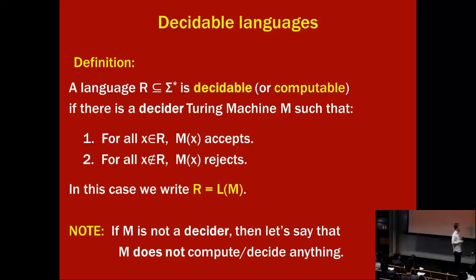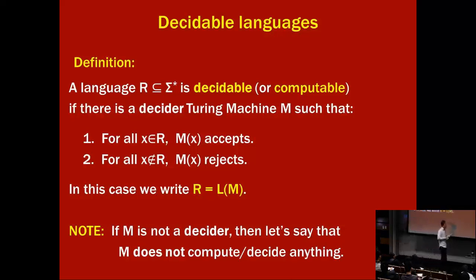If there's some decider Turing machine M such that for every string in the language, M running on that string halts and accepts, and for every string not in that language, M running on that string halts and rejects. So it's like DFAs, where we call this regular, but you really have to worry about whether or not it halts. In fact, these two conditions already imply that it's a decider, because for every string, it either accepts and halts or rejects and halts. But I really want to emphasize, you're only deciding a language if you're always halting.